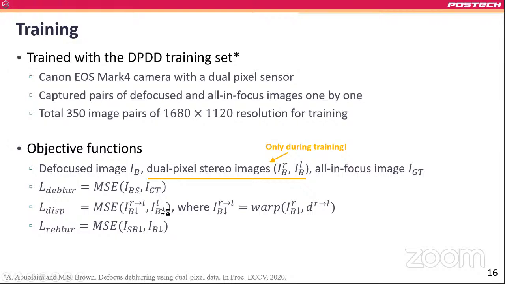Proper means that when we apply the disparity to the left image, the left image should go to the right image, or the other way around. And the reblurring error means that when we apply this reblurring filter to the ground truth sharp image, we should get the original blurry input image. By having these three objective functions, we can train our network nicely.